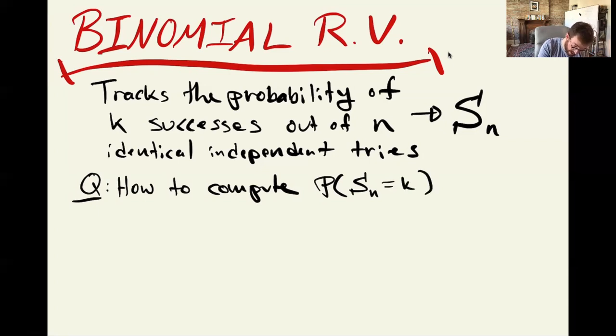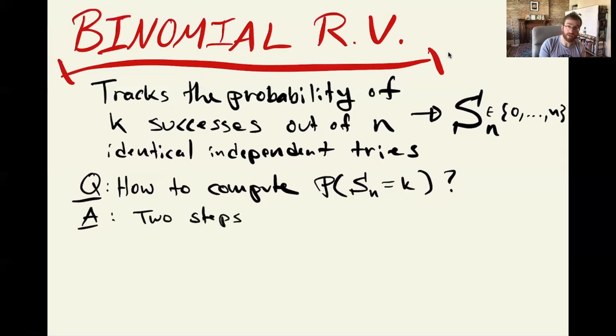And again, we have to acknowledge that Sn can take any value between 0 through n. You could try n times and not succeed a single time, or you could try n times and succeed every time. And any value in between is possible. So how to compute this probability? Well, it's basically 2 steps. But eventually we'll package these 2 steps into a single formula.